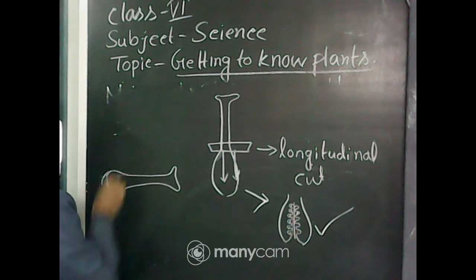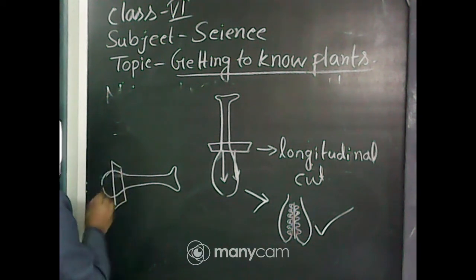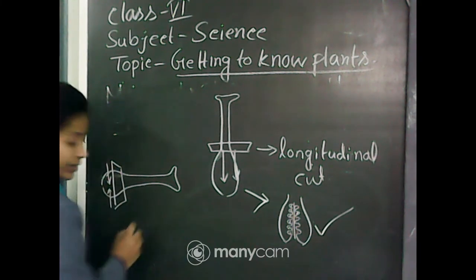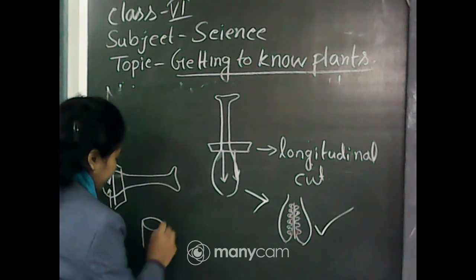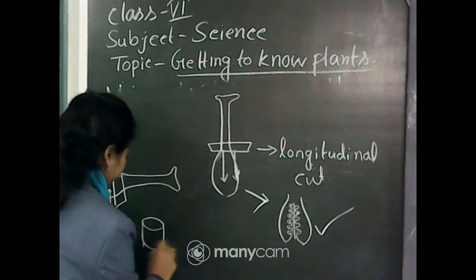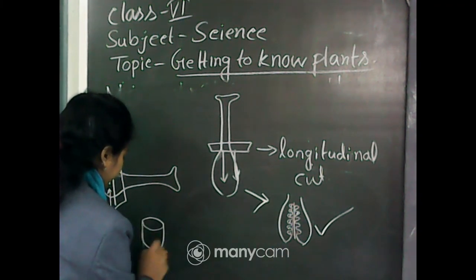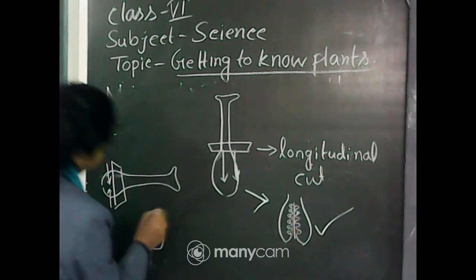When the cut is in this portion, okay, means through, then we can observe the ovary like this, with locules, they are in locules, okay.